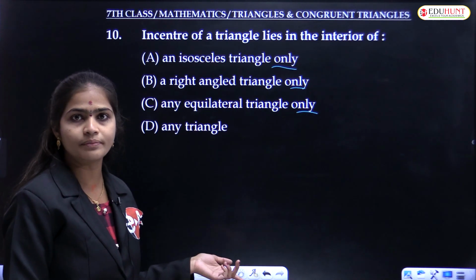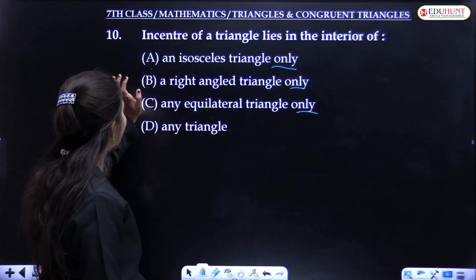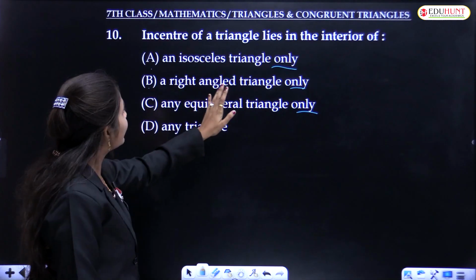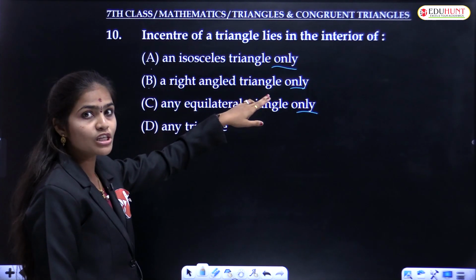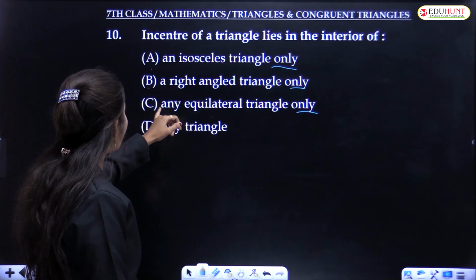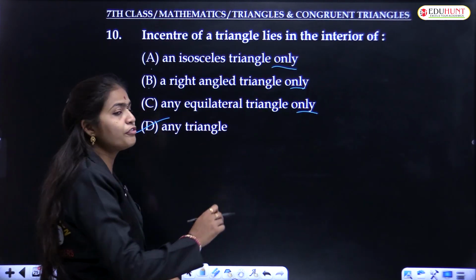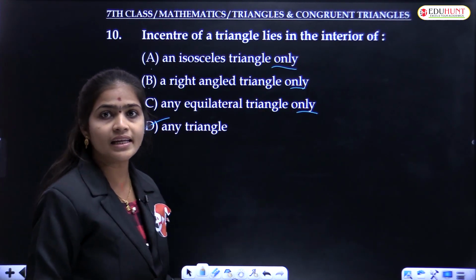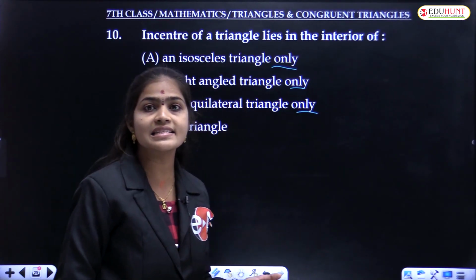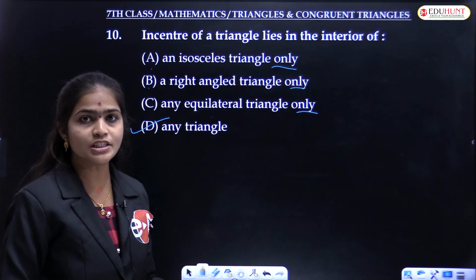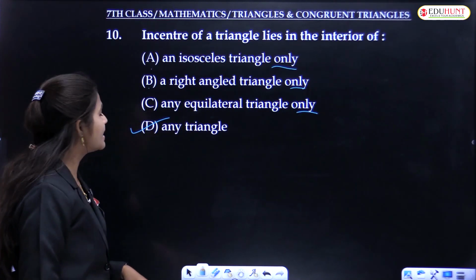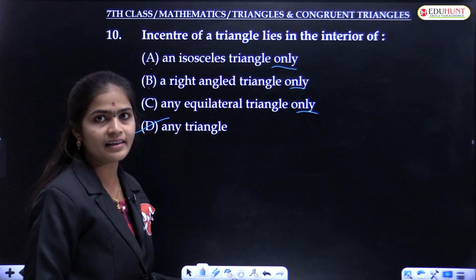So the first one is wrong. In the same way, a right angle triangle only, again they mentioned only, so that is also wrong. And any equilateral triangle is also wrong. Is it clear, children? So our answer is option D, any triangle.